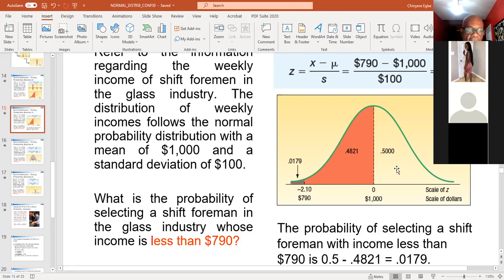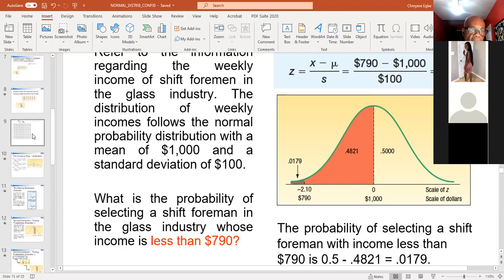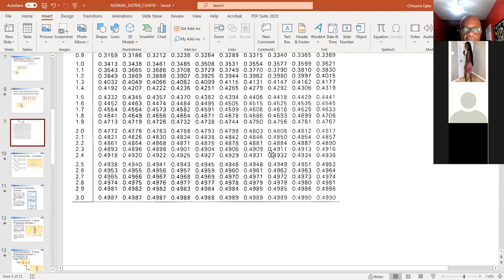Okay, so how do we get that 49%? We're going to calculate the Z value that corresponds to 49%, and we're going to use it on both sides. All right, so I'm going to go back to the normal distribution. When you look on this normal distribution, are you looking at the table?